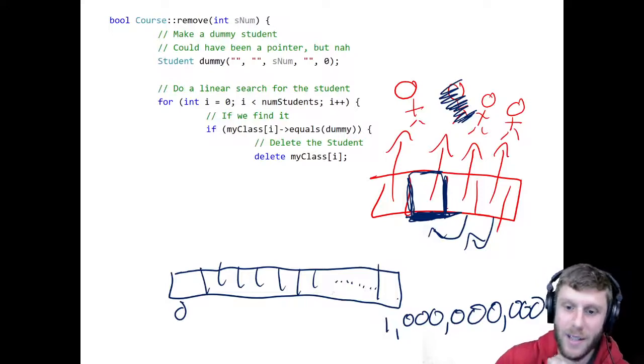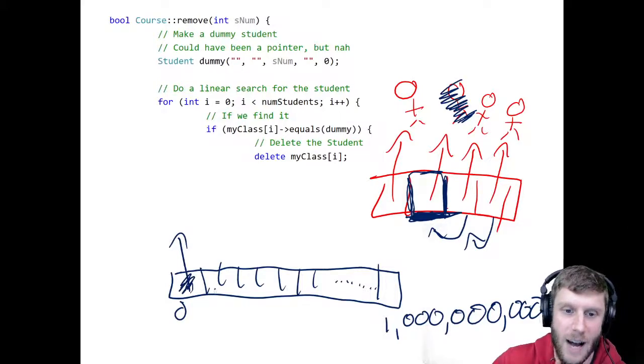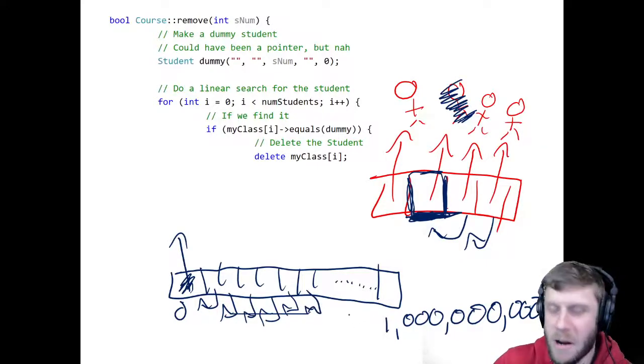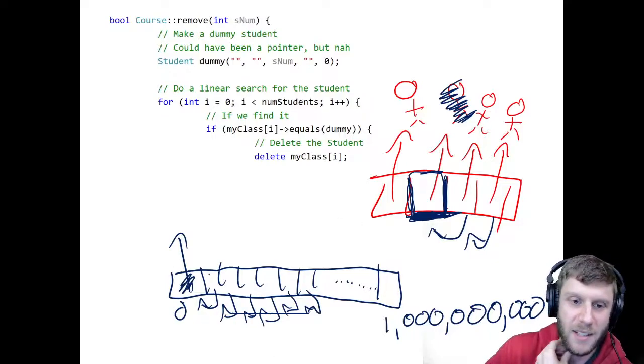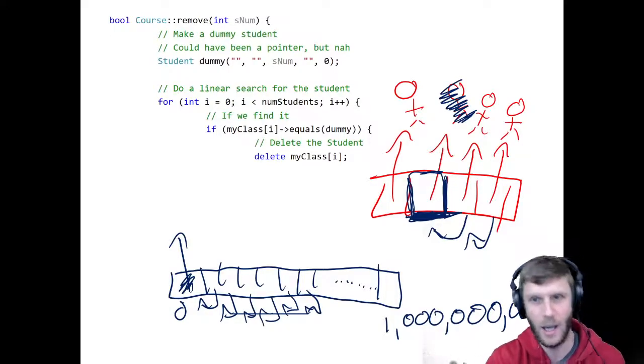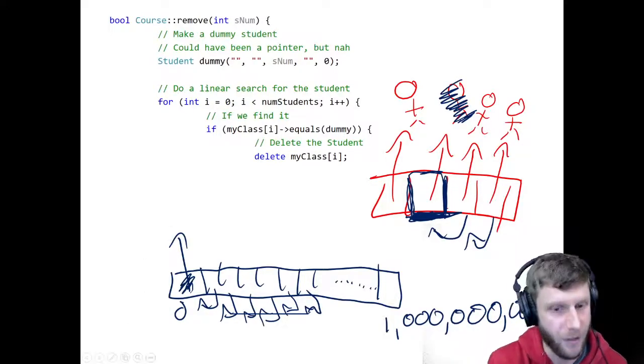So this is a huge array, and if I come along and happen to want to delete this one, I'm going to have to move 1 billion things. Your computer will do it, but it won't be very happy about it. So this idea, although absolutely 110% correct, is not very efficient.